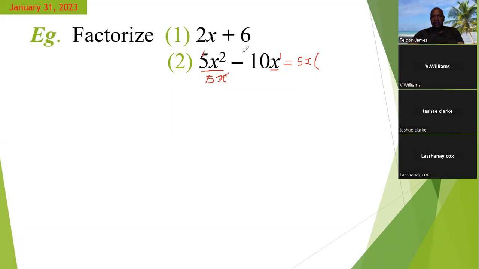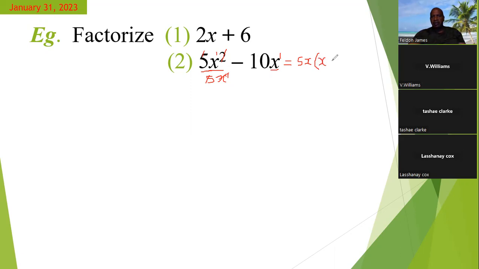X with x squared: if you cancel x to the power 1 with x to the power 2, all we're doing is subtracting the smaller power from the larger power and putting back what remains. If you take away 1 from 2, we're going to have a power 1. So once this cancels out, we're going to have x to the power 1 remaining. So in this bracket, we put back x.